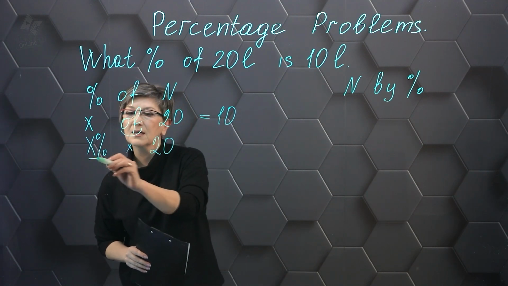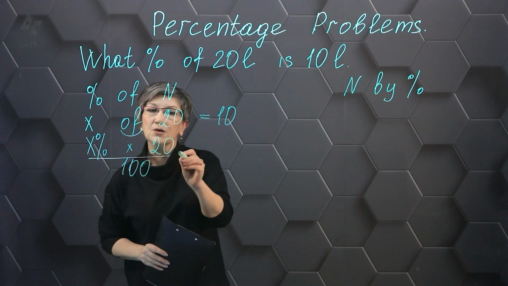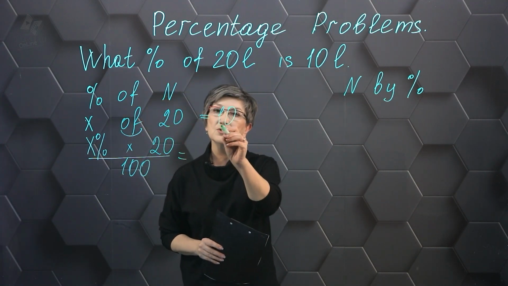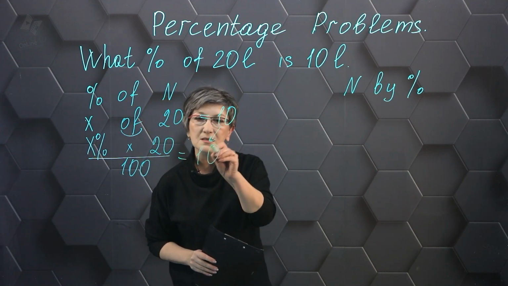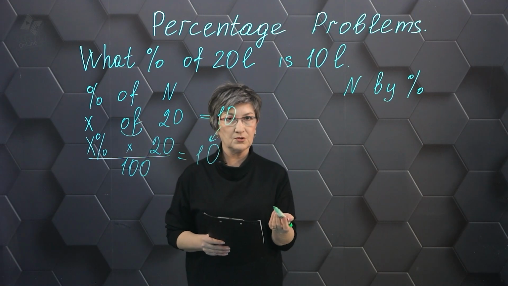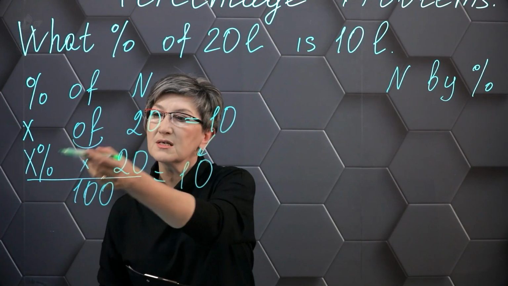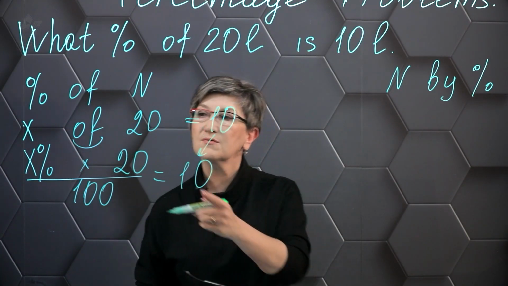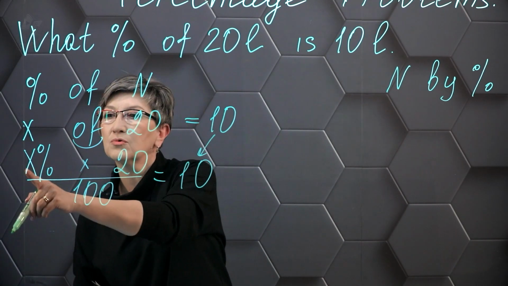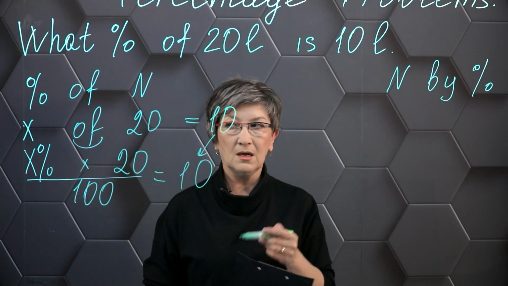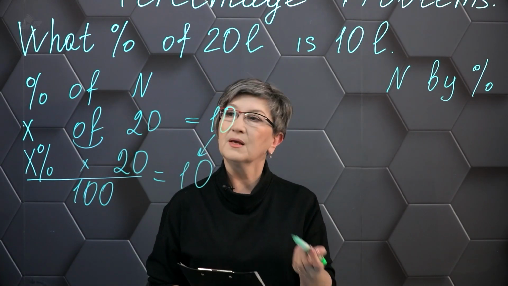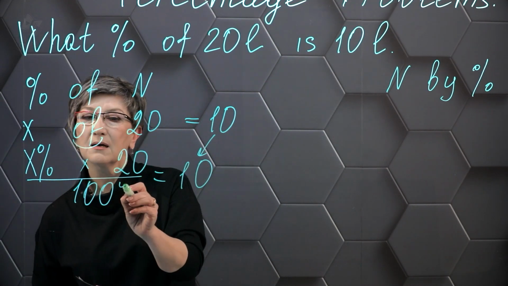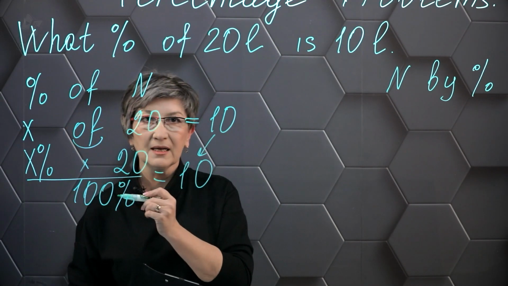And then what did we do? We divide it by 100 and we get the answer, which in this case is 10. Now what do we get? We use the same algorithm. The only thing is that in this equation we now have unknown percentages and we can find these percentages. So if I use this algorithm, I need to find X.